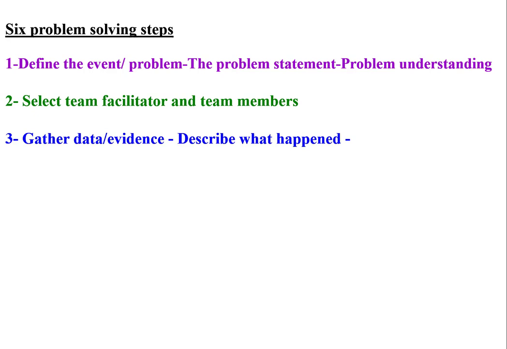Number three, the team will start to collect information and data from different sources: from the machine itself, from the OEM manual, from the history of the equipment. They should go to the site and collect gauge readings or meter readings, and also meet the people who are operating and maintaining the equipment, discuss questions and get answers.